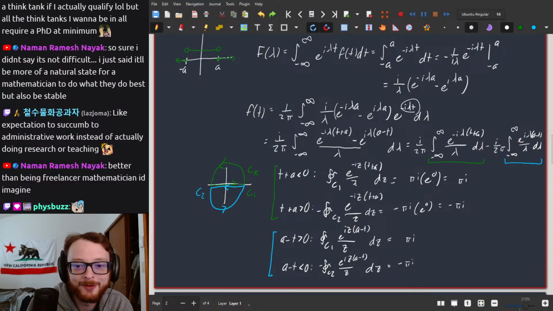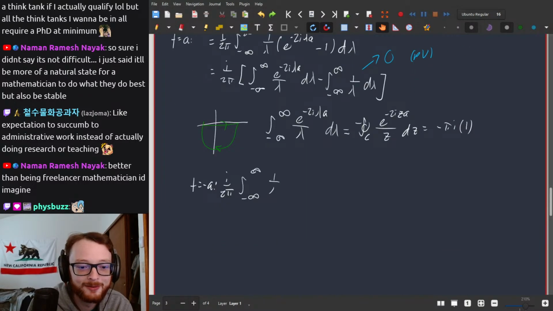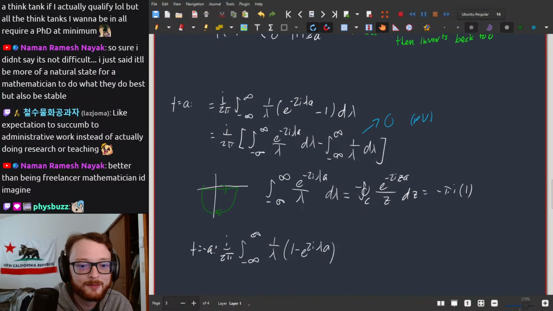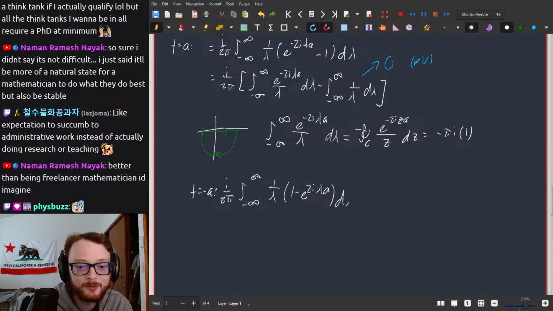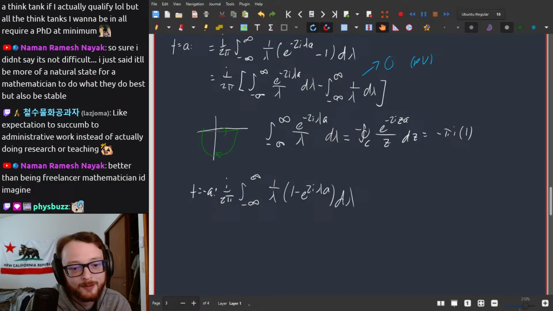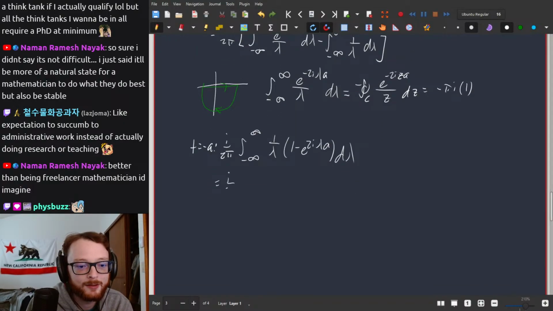So this becomes positive I lambda a. So that's a positive one. That's minus 2I lambda a. Checks out. D lambda. All right. I over 2 pi. I really hope that I included principal values in my work already, because I really don't want to back up and have to include them from the beginning.